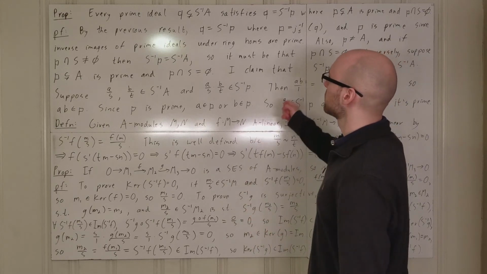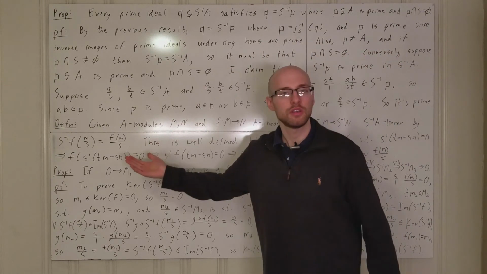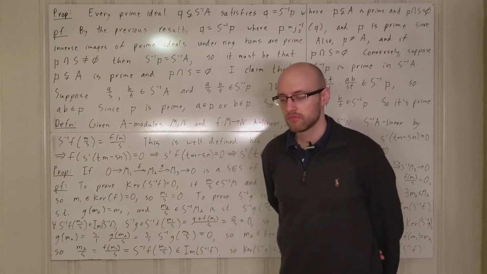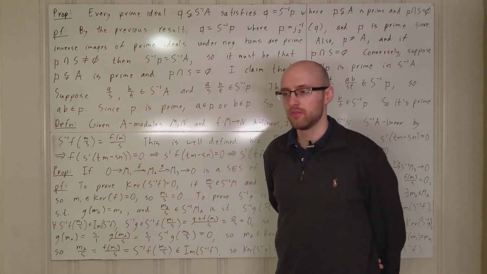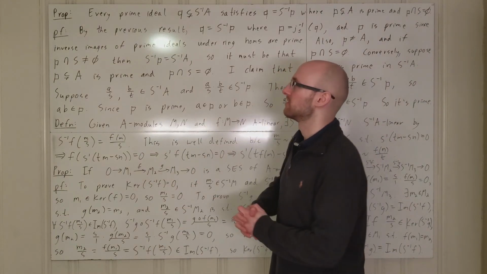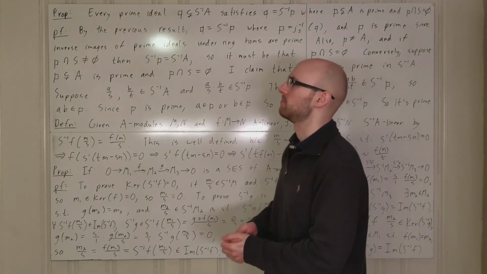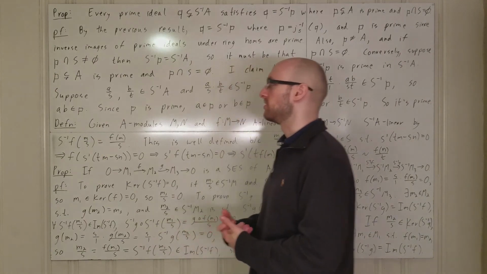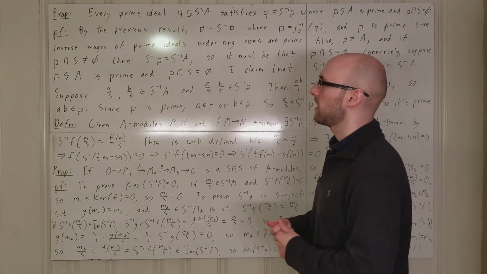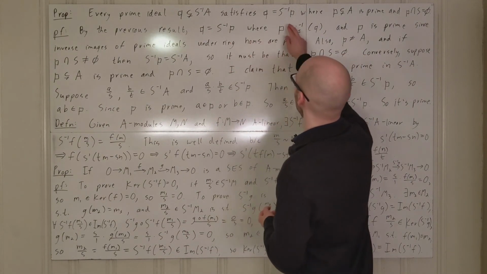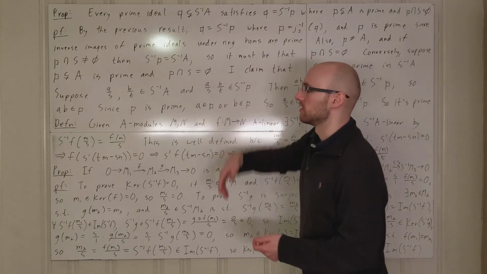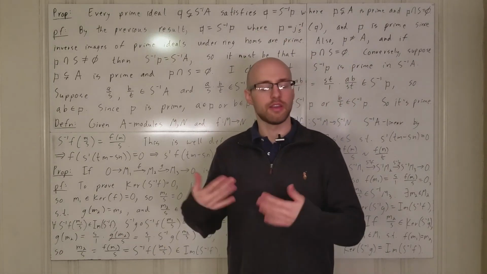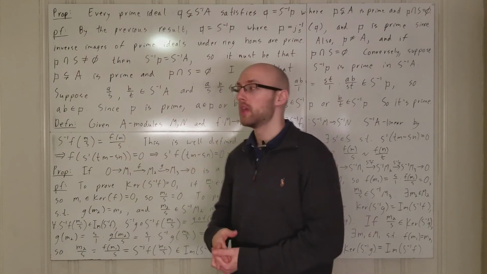So, what are we going to learn? Okay, so we talked about ideals when you take localization, or not necessarily localization, but just looking at rings of fractions. And when you look at the ring of fractions, ideals are just things of the form S inverse A, where A are ideals in the ring that you start with.